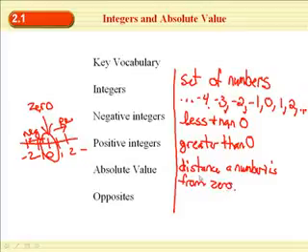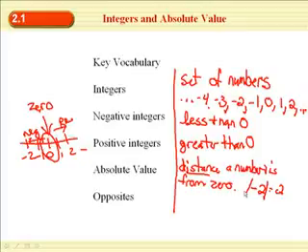Distance is never a negative number. So if I ask you how far is -2 from 0, the absolute value of -2 would just be 2. Absolute value is shown with 2 straight lines. They almost look like brackets or parentheses, but they're 2 straight lines. So that right there would say what is the absolute value of -2, which would be 2. Absolute value: the distance a number is from 0, and it's never negative.